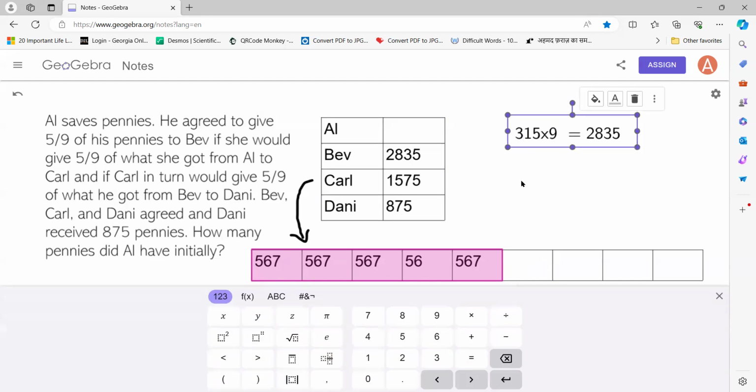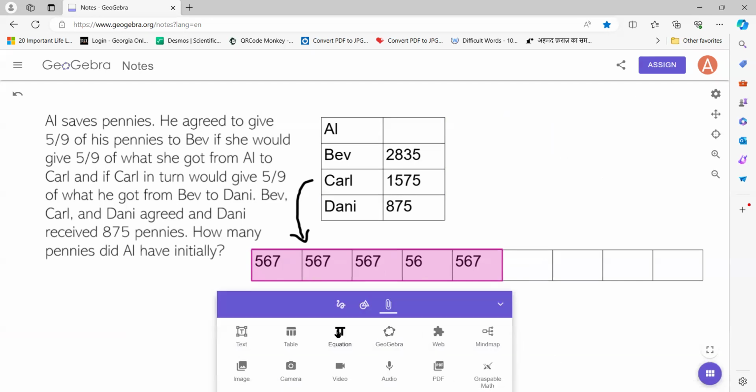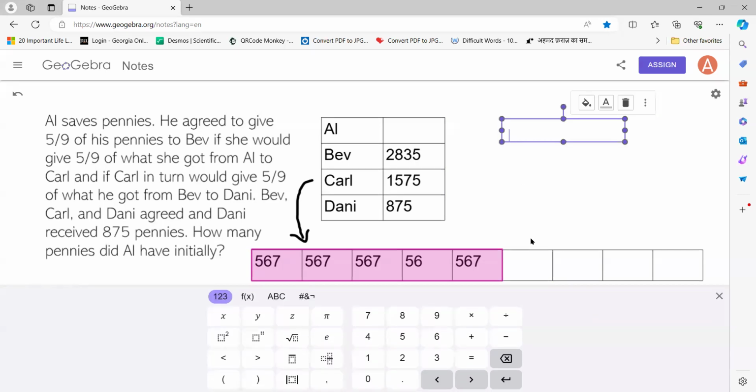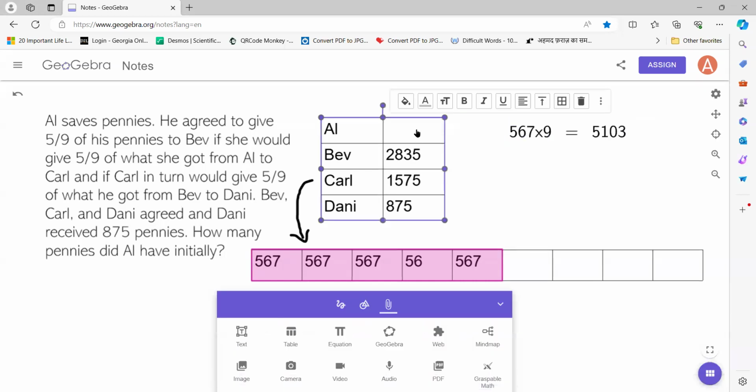And I'm going to basically do what I've been doing, multiply 567 by 9. 567 times 9 is 5,103. And that's the total number of pennies Al originally had.